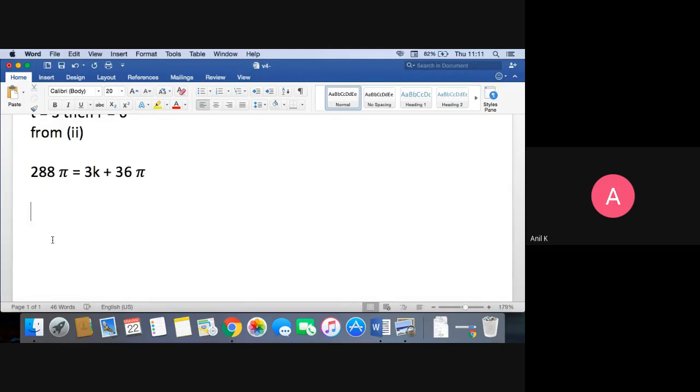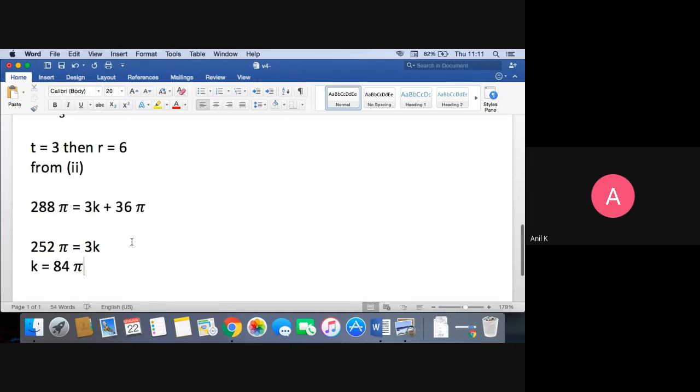If I subtract, I get 252 pi, which is equal to 3k. If I find the k value, finally I'll get k equals 84 pi. Now you know the value of k also.